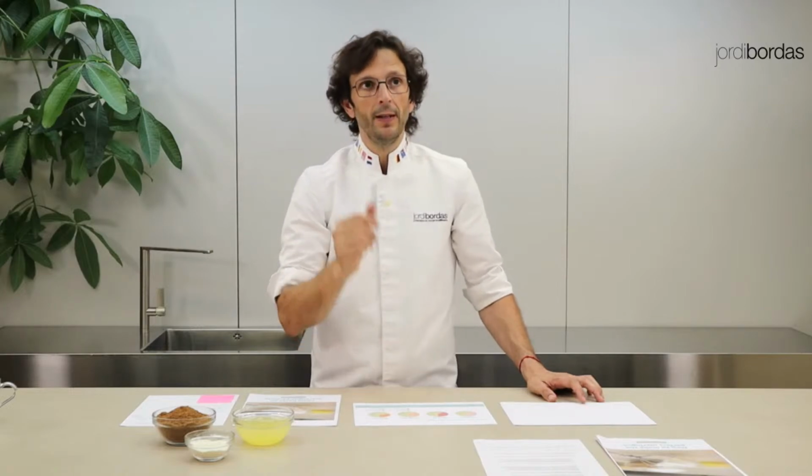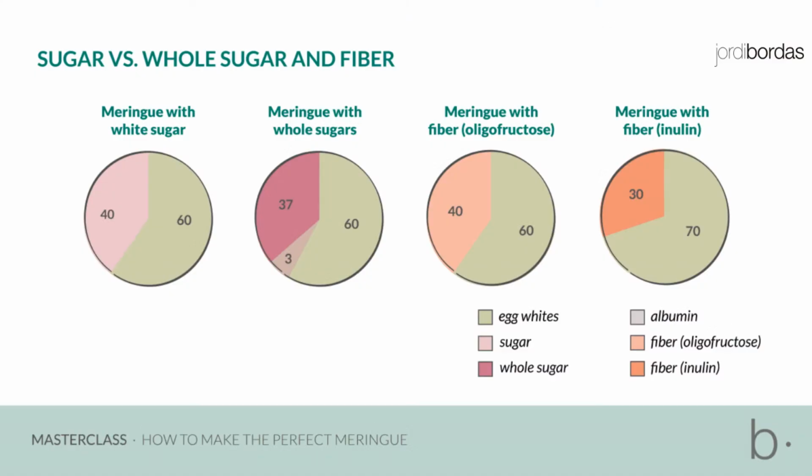Okay, what happens when we make a meringue with whole sugars? Here we have to be careful, because in whole sugars there are some minerals that interact with the creation of the network of proteins that we have in the whites. No?